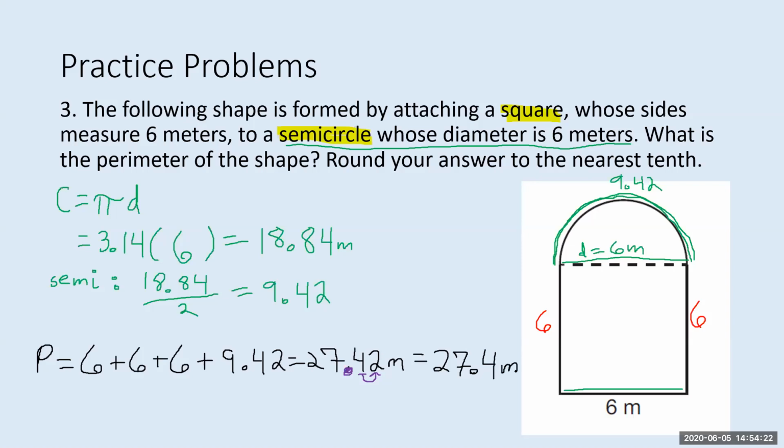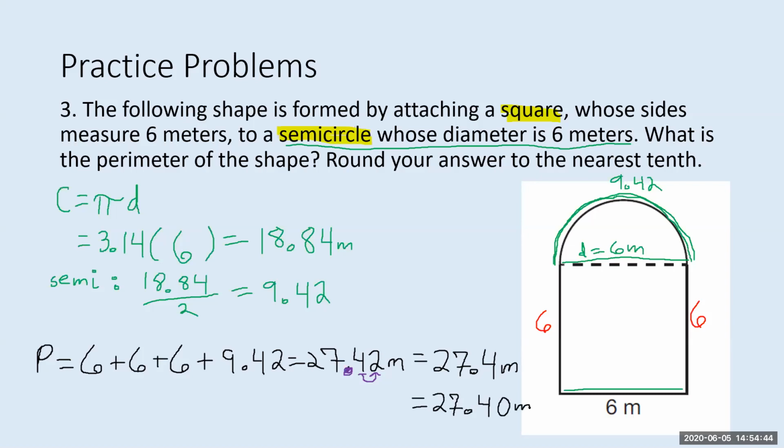Now you might have been thinking 27.40, like 27.40. It's another way to think of it. So you can think of it as, right, 27.42 would round down to 27.40. That thinking is absolutely correct.